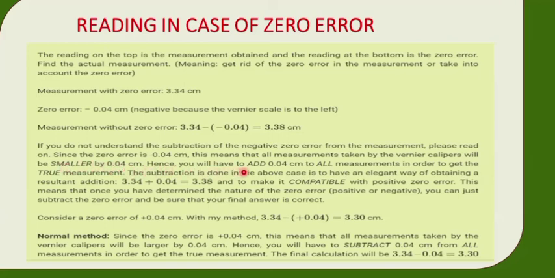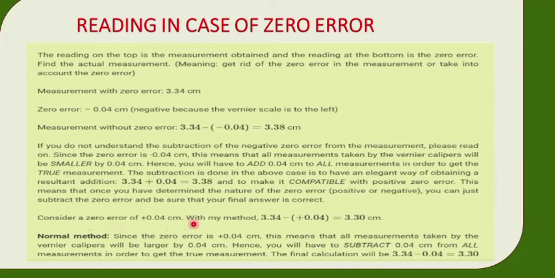This means that all measurements taken by the vernier caliper will be smaller by 0.04 centimeter. Hence you will have to add 0.04 centimeter to all measurements in order to get the true measurement in case of negative zero error.